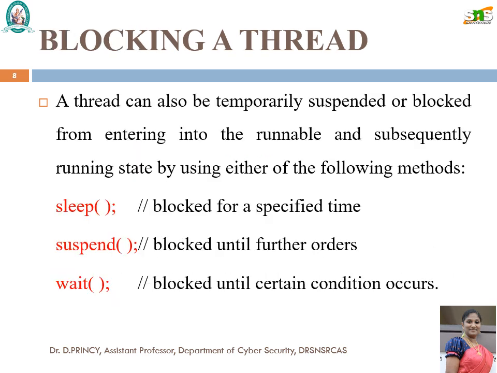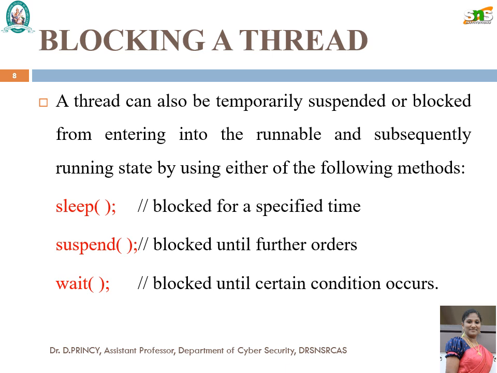Blocking a thread. Suppose we want to move the thread from the running state to the runnable state or blocked state, we can use some methods. Those are called the blocking state. A thread can also be temporarily suspended or blocked from entering into the runnable state.